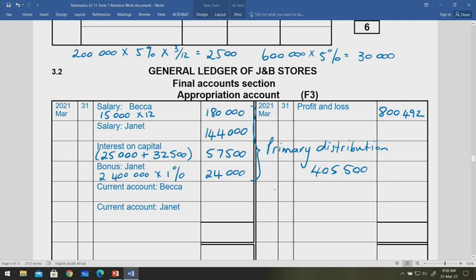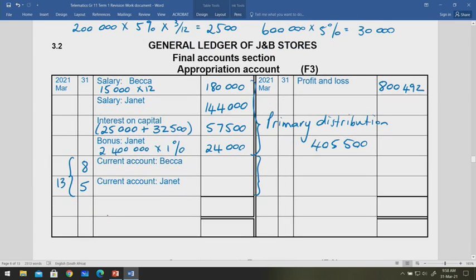For the final distribution, we know that Becca must get 8 out of the 13 parts and Janet 5. Those two add up to 13, so we must divide whatever is remaining by 13, and then multiply by 8 for Becca, multiply by 5 for Janet. And how do we know how much is left?